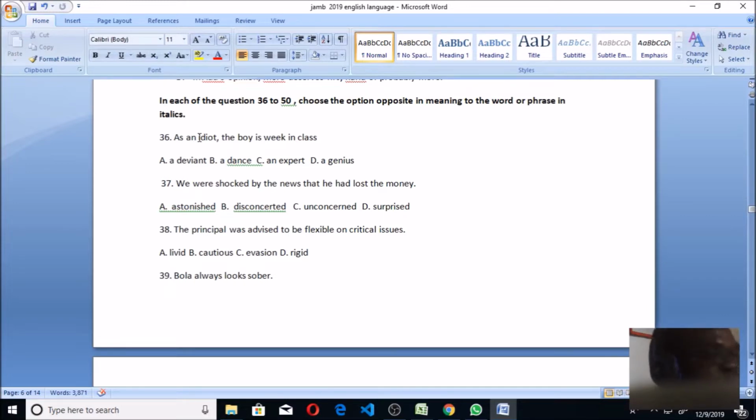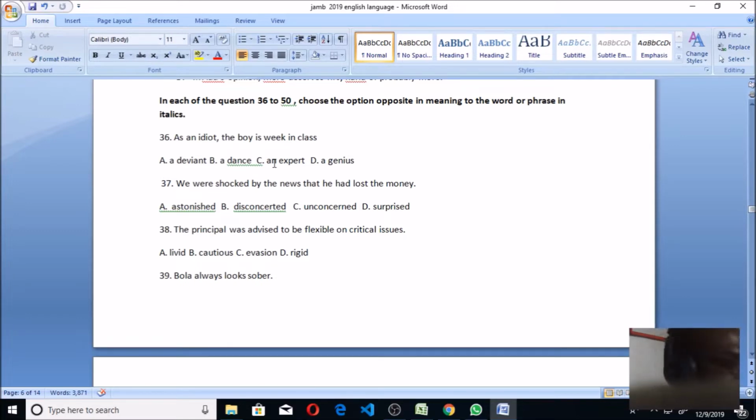For us to be able to understand this, we need to first of all know the meaning of the word idiot. Idiot simply means a stupid person. Now the options: A, deviant, simply means a person who departs from the normal standard, somebody that is not following rules. A dunce is a person who is slow at learning.